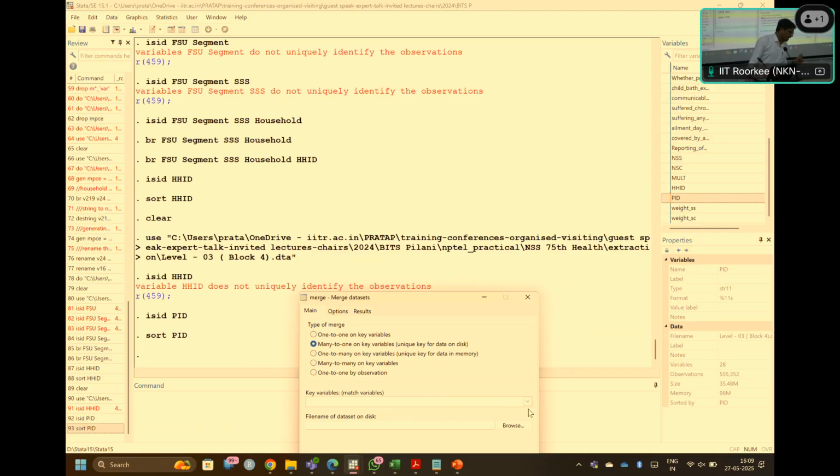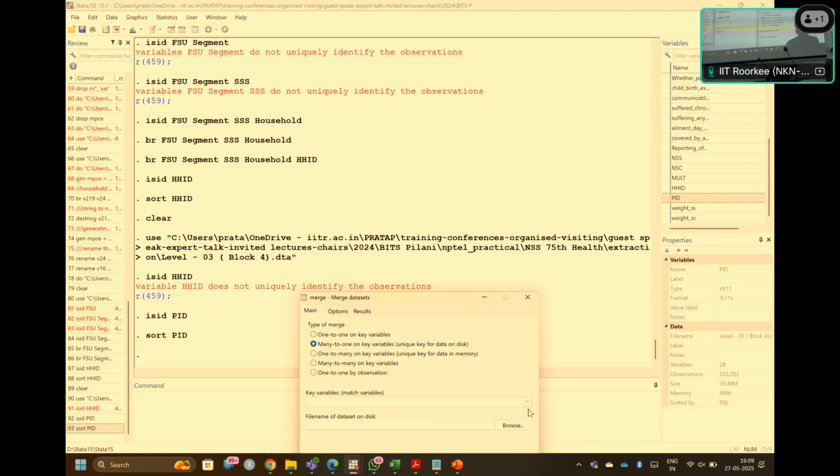Now another catch. If you are taking your command as 1:m, m is your second file. For m, you need not define your uniqueness of the ID. If it is 1:1, in both the files, uniqueness should be defined.